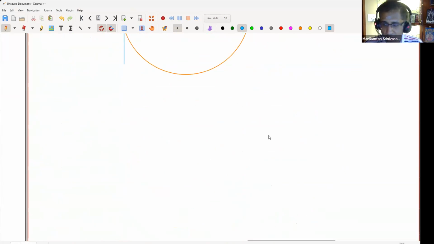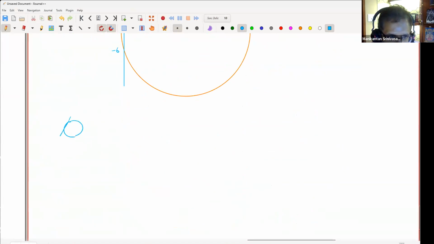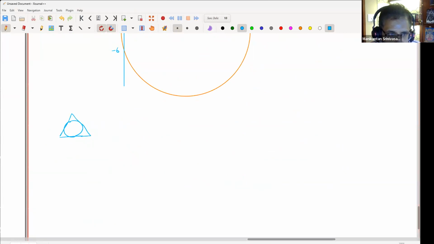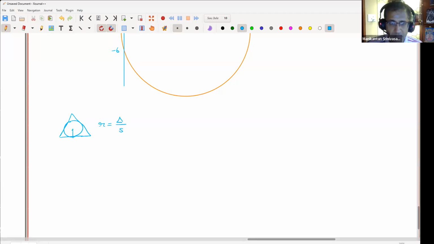So we know that if I have a circle within a triangle, the radius of the incircle is delta upon S, right? Where S is the semi-perimeter of the triangle and delta is the area of the triangle.